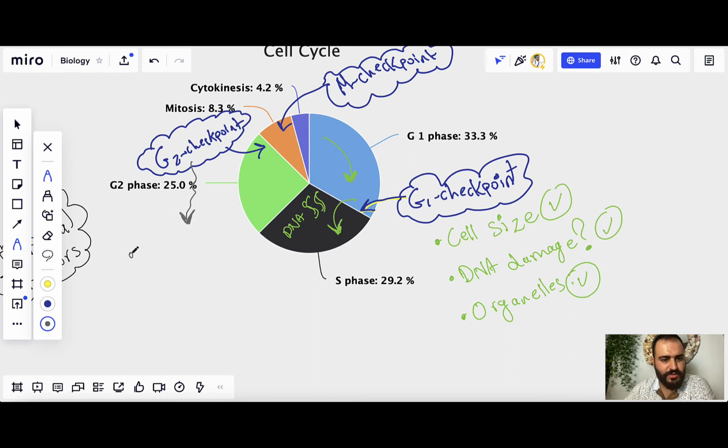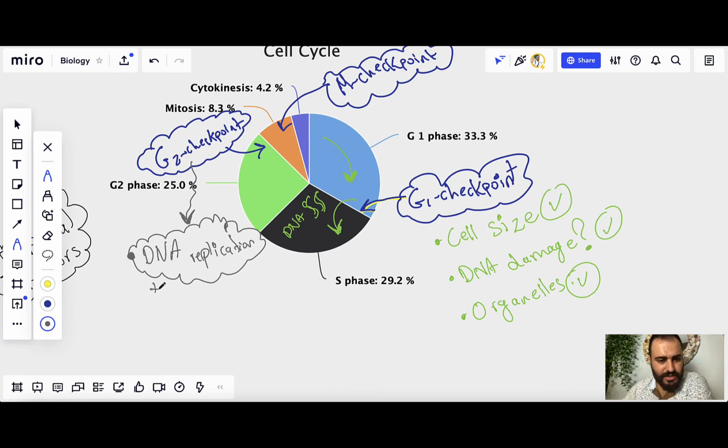G2 checkpoint will check for any mistakes in DNA replication. This is a very important step because at this level, if there is any mistake in the copying of DNA, as a result, we will have 2 daughter cells that have damaged DNA or mutations in the DNA. As a result, they won't be normal cells.